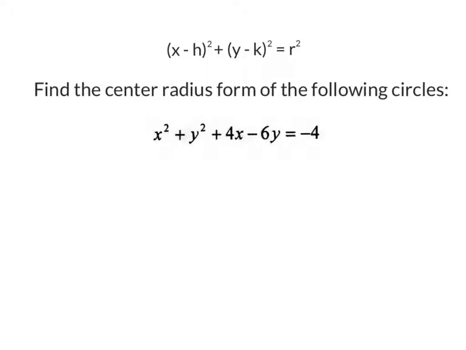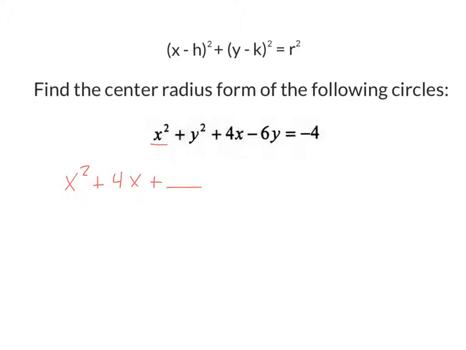Okay, in the next question, it says find the center radius form of the following circles. Well, this circle right here is not in center radius form because it does not look like this. So what you're going to do to get into center radius form is you're going to complete the square, and you'll see why. So the first step that we need to do is group the x's and the y's together and put blanks after that.